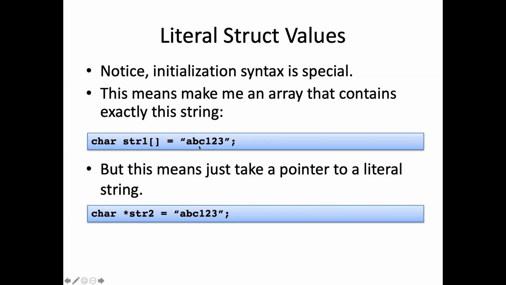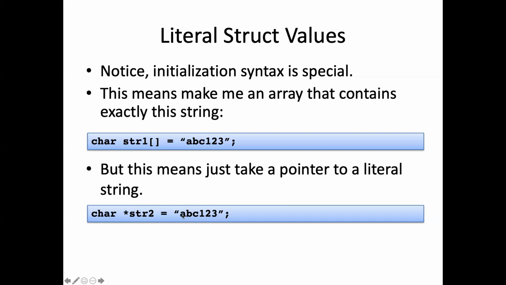But you may remember you can also do this, and this means something kind of different. Here, you're saying, I don't want an array, I want a pointer to a char, and I just want you to start it out pointing at this literal string in memory. So str2 would be a pointer. You're just saying the thing you want it pointing to.